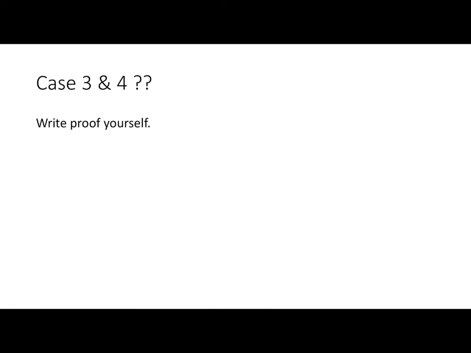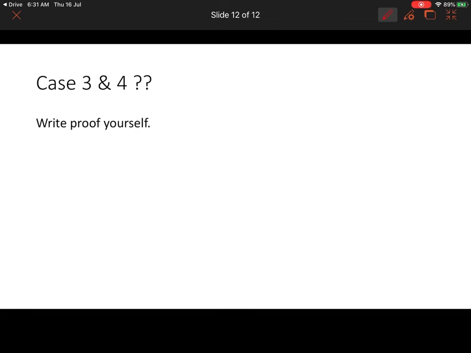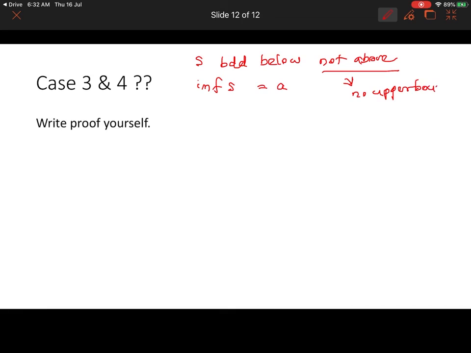Now how can you prove case 3? I will give you some idea, but you should write the proof yourself. In case 3, we have taken S bounded below, not above. Bounded below means it has an infimum. Call it A. It is not bounded above, so no upper bound.